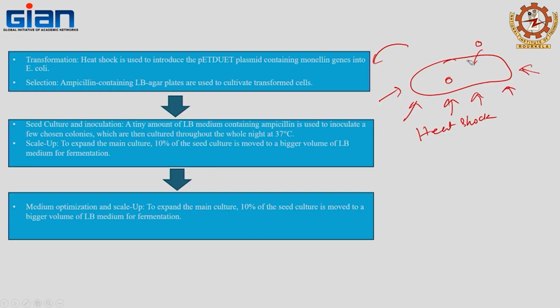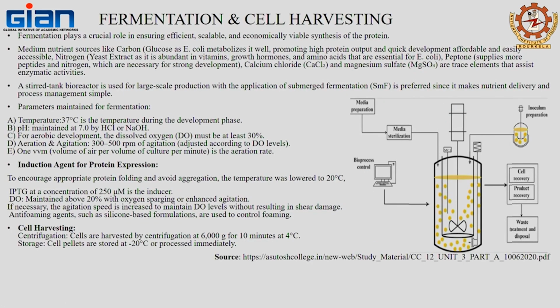So this follows to the fermentation slide. Fermentation is done to achieve efficient, scalable, and economically viable synthesis of the protein on a larger scale. The factors that matter most are the medium and nutrient sources. For carbon, glucose is considered because E. coli metabolizes it quite well.